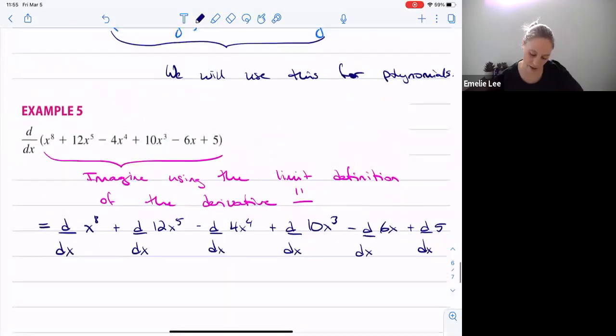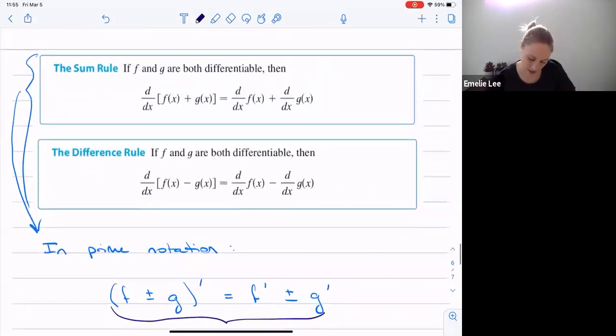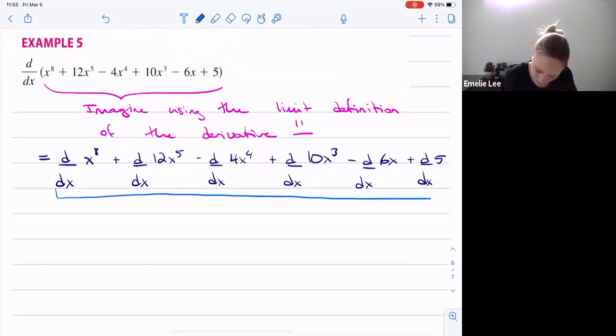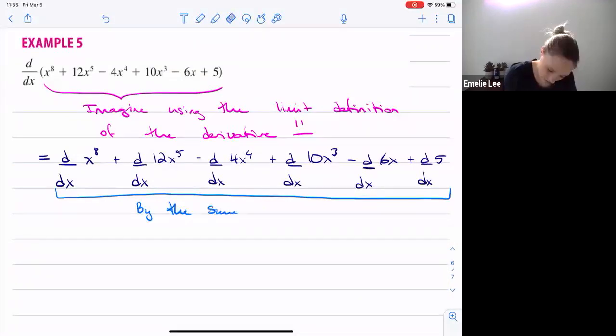And this is by the sum and the difference rules. I'll make a note of that here. That's how I was able to do that. By the sum and difference rules.